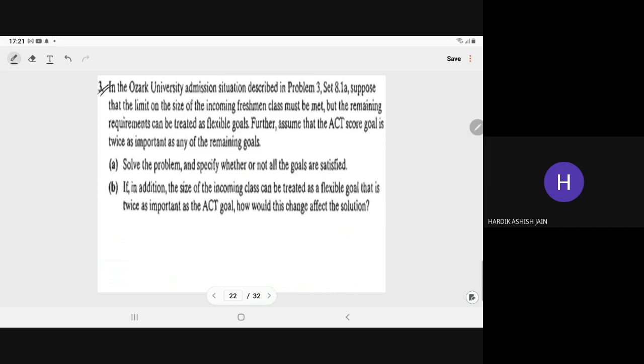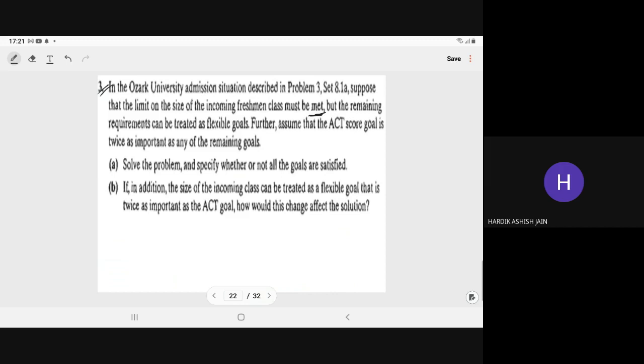Now in question number three, in the Ojak University admission situation described in problem 3, set 8.1a, suppose that the limit on the size of the incoming freshman class must be met. Must be met, meaning this is not a goal that you want to achieve.